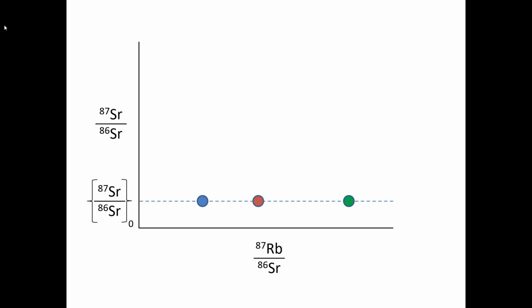So here we have 3 different rocks, different proportions of minerals, so they have different rubidium-strontium ratios. That scatters them about the x-axis, but they have identical initial ratios of strontium 87 to strontium 86. And we're going to let these rocks age.